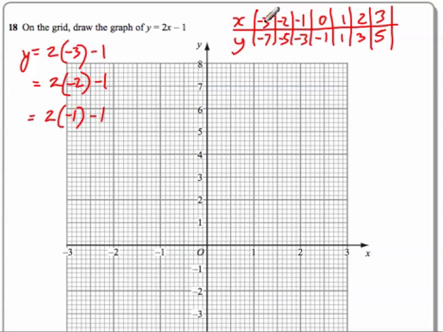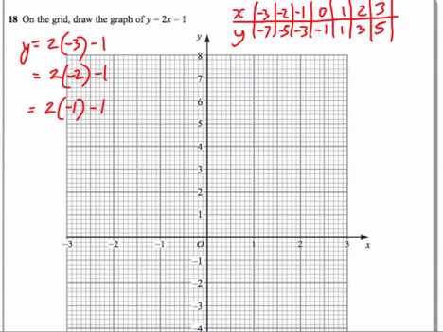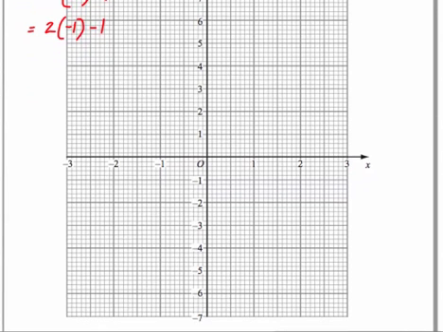So the first point will be this one, when x is -3, y is -7. When x is -3, that's here, y is -7. So that's here, isn't it? So it's where those two cross, so you're talking about that point there.